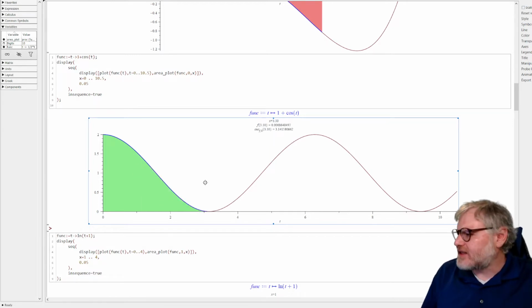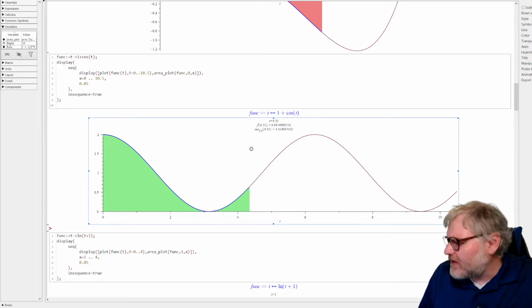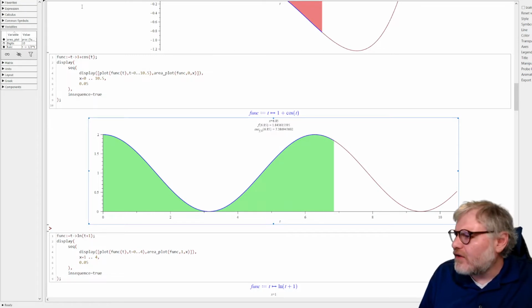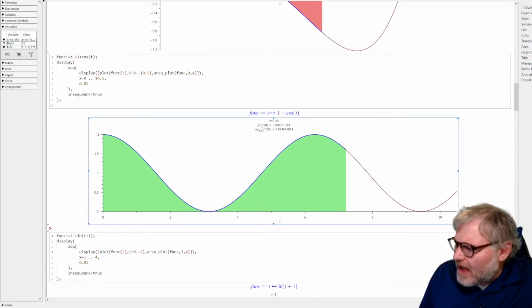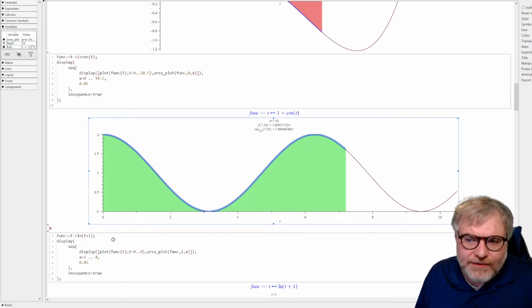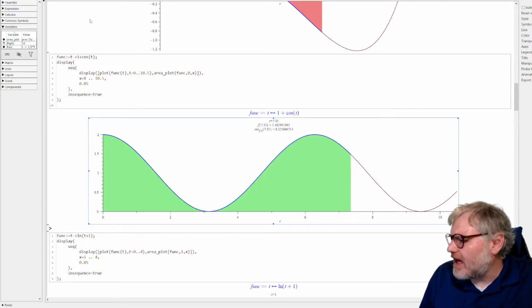Because this is always above the x-axis, my area under the curve is always getting more. If I stop at 7.2, between the x-axis and the curve I've accumulated 7.99 of green shaded area. And I just keep hitting play, and you'll notice that I'm accumulating more and more area as I go to the right.